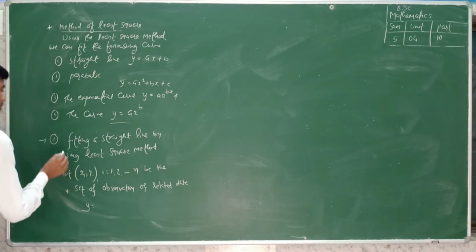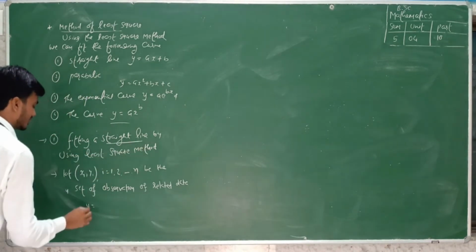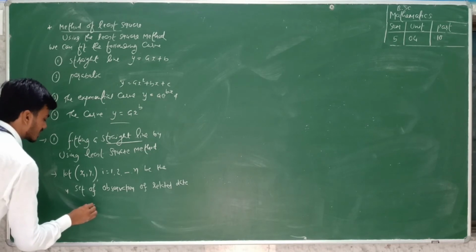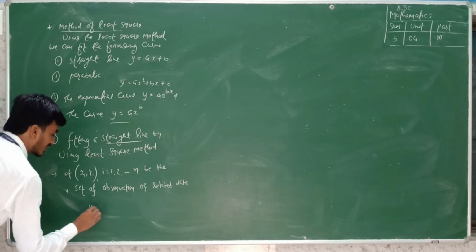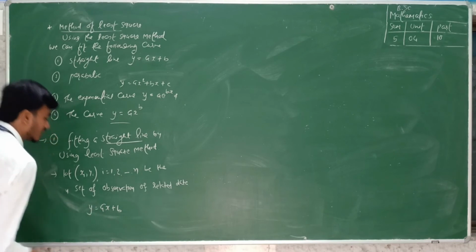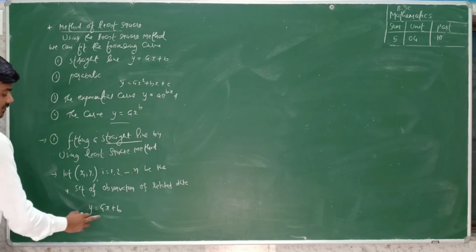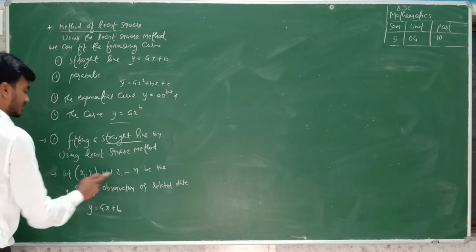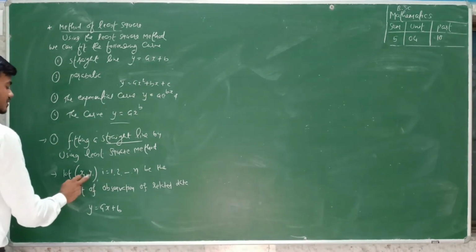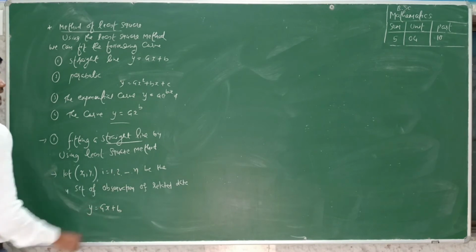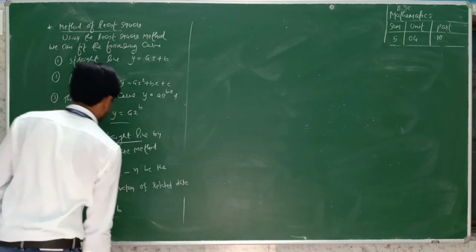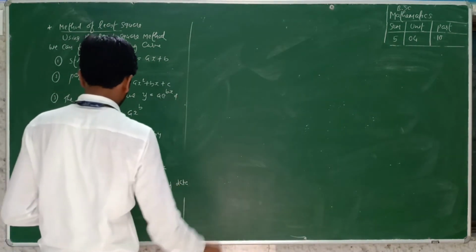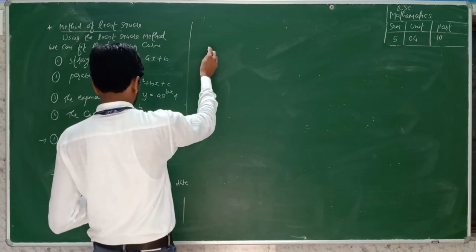Here we can fit a straight line. So the equation of the curve is y is equal to ax plus b. We have the following set of n observations, x1 y1, x2 y2, x3 y3 up to xn yn, for the straight line equation ax plus b to be fitted.